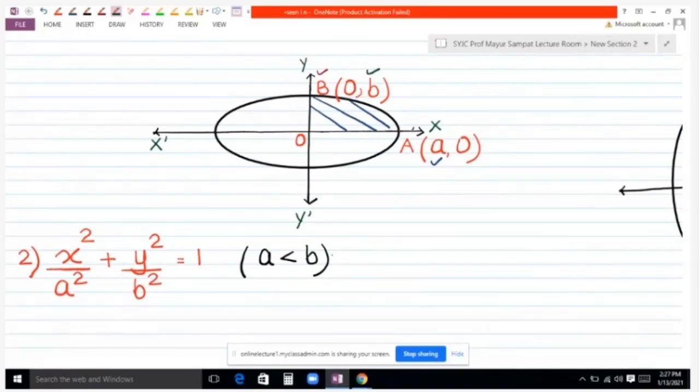Four equal parts, right. It has been divided into four equal parts. But if I want to find the area of the ellipse, are we going to find the area of the 4 parts?